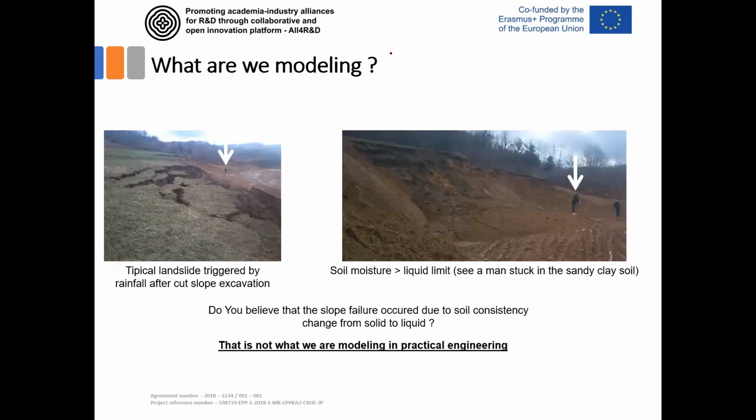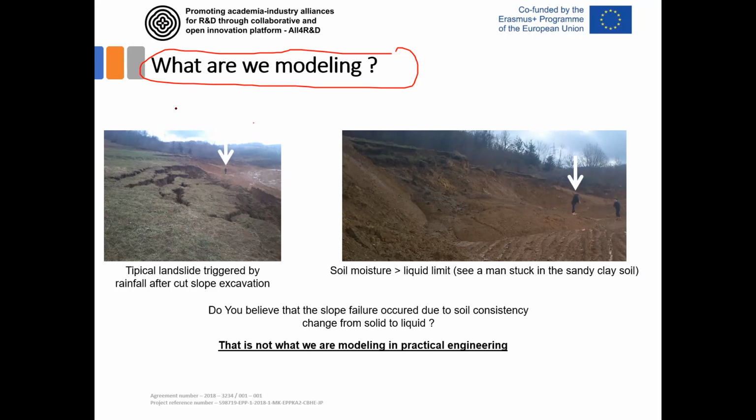So the first question that must be answered is: what exactly are we modeling when we are trying to simulate a landslide, and the interaction between the highway construction elements and moving soil or landslide?